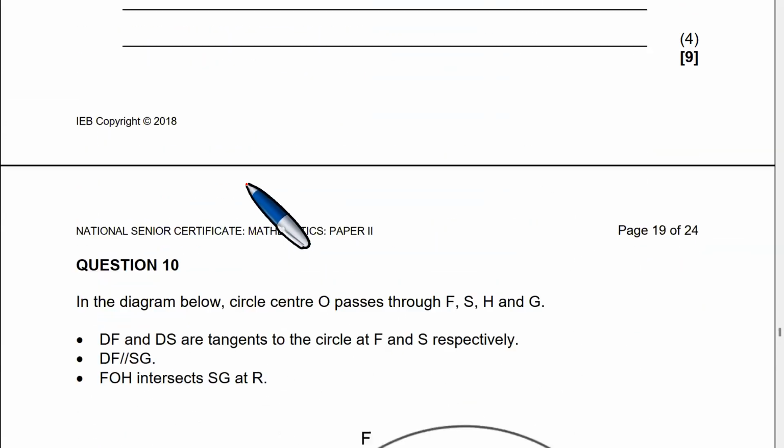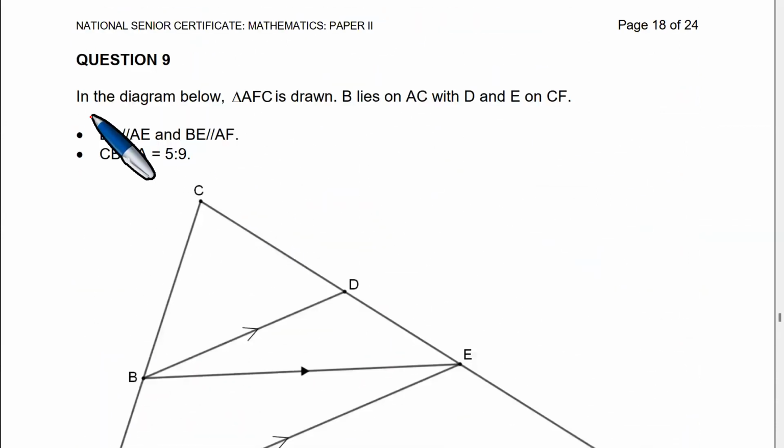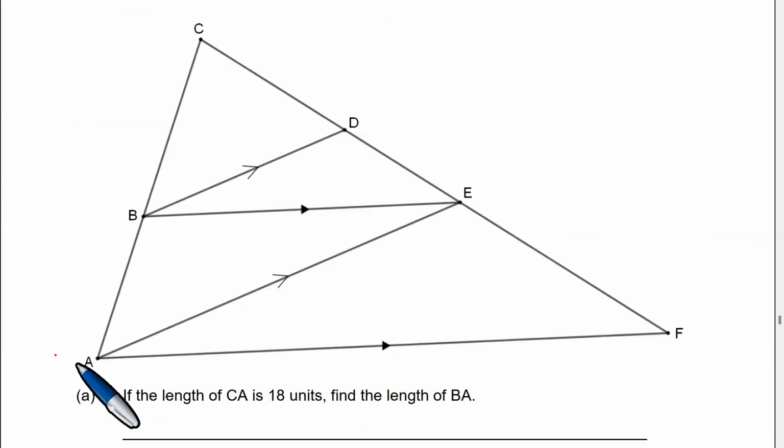Okay, let's look at these first. Let's look at similarity and proportionality. In the diagram, triangle AFC is drawn.